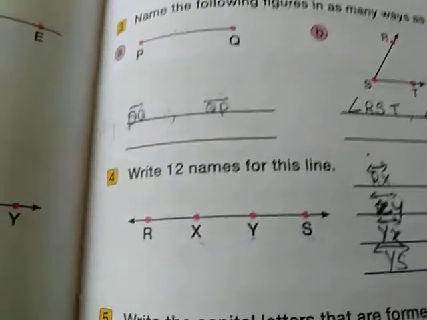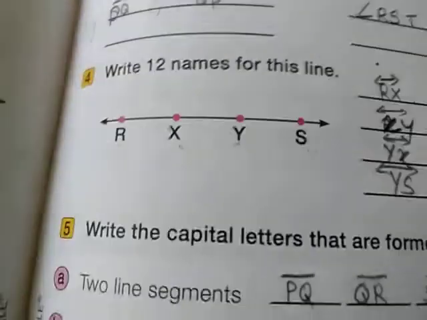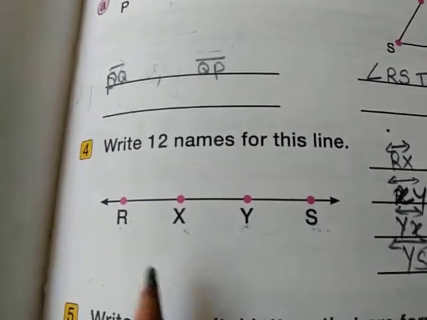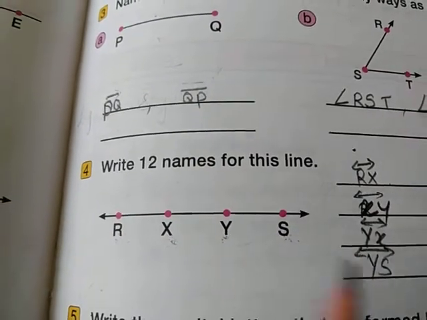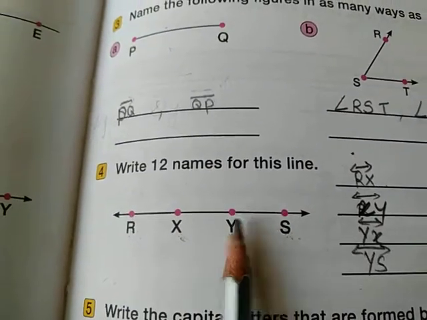Got it? Now write 12 names for this line. This line is given. Now you have to make 12 names from it. This is a line extended on both sides, meaning definite points are in between on this line.